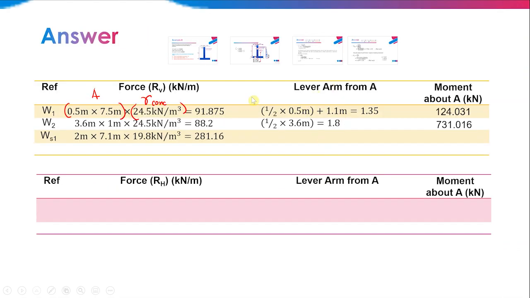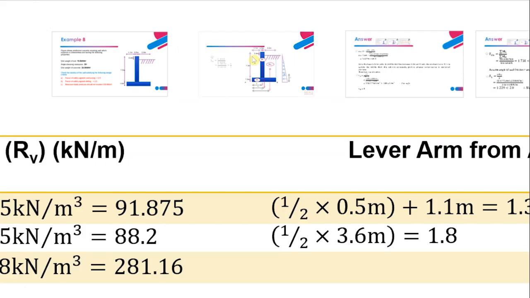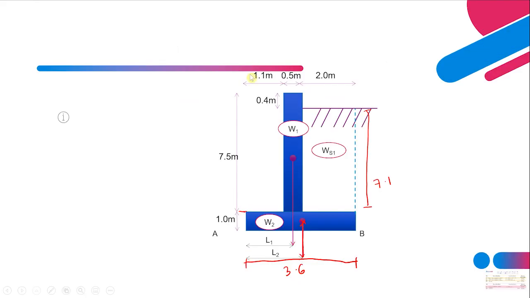Untuk dapatkan dia punya lever arm, okay, so lever arm daripada centroid dia, so centroid WS1 ni dekat mana? Dekat tengah-tengah ni lah. Jadi berapa distance dia as shown macam L3 ni. So 2 meter bahagi 2, so you akan dapat balance kat sini 1 meter, and then you ada another 1.6 meter dekat sini.